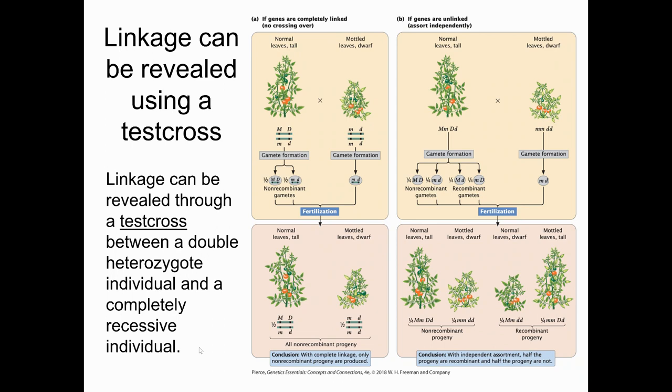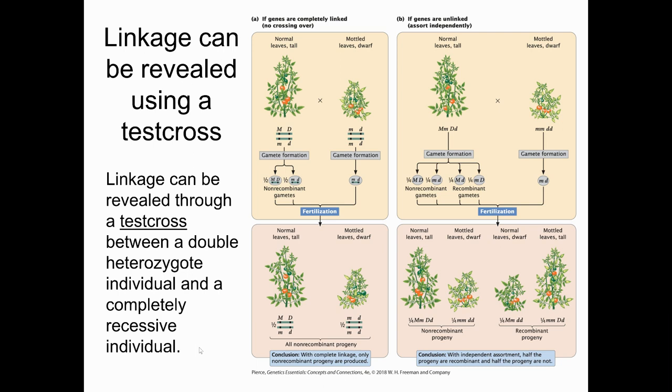And the way we do this is we use what's called a test cross. So you have to have one organism that is heterozygous for both the genes that you're trying to figure out the genetic distance between.